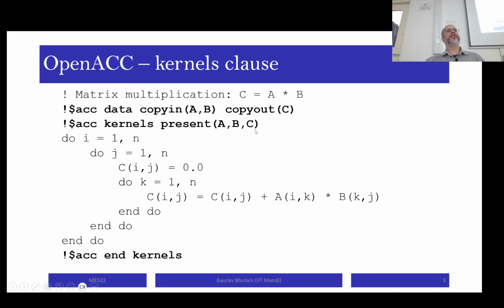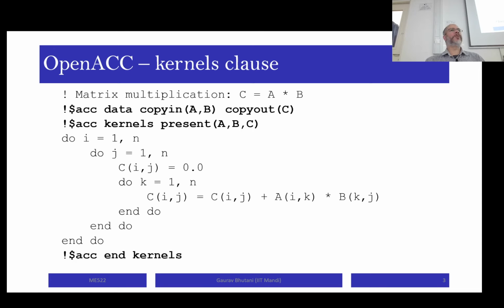Kernels is higher level and more automatic. If you do not want to put in too much effort, you would simply say ACC kernels and that will do the job. It will try to figure things out automatically by itself as to how many loops it should go down into so that it can safely create parallel threads and so on.